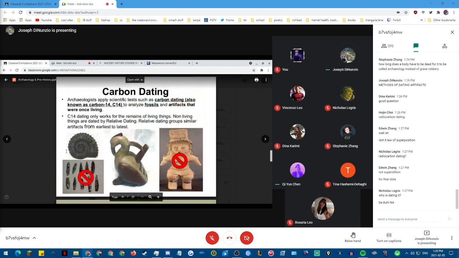Please read. Carbon dating. Archaeologists apply scientific tests such as carbon dating, also known as carbon-14 or C14, to analyze fossils and artifacts that were once living. C14 dating only works for the remains of living things. Non-living things are dated by relative dating. Relative dating groups similar artifacts from earliest to latest.